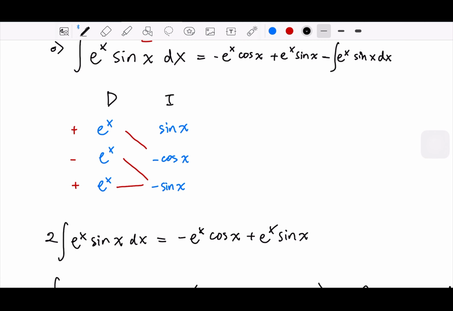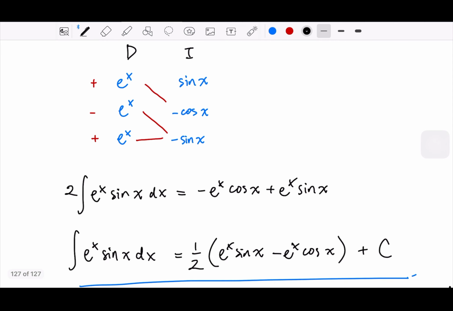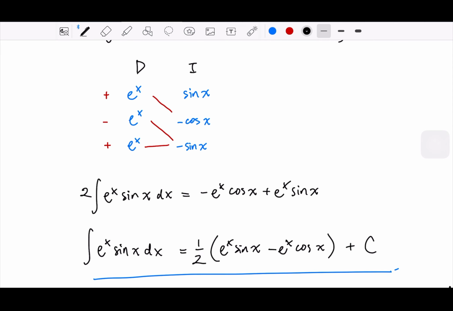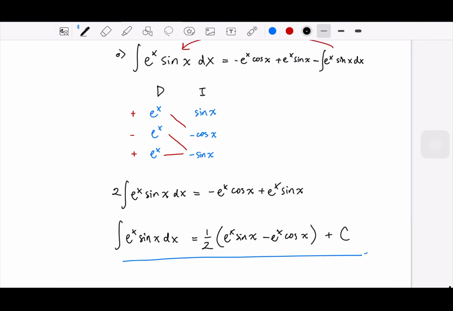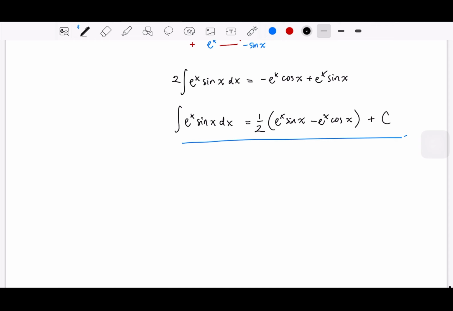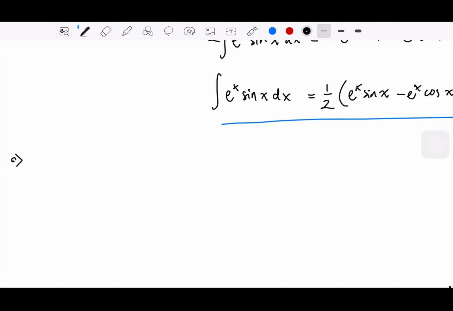Okay, now let me give you a couple more examples of how to use this method. This method is really helpful, especially if you can identify which part you need to differentiate and which part you need to integrate. That's the important point. Okay, let's try another example.